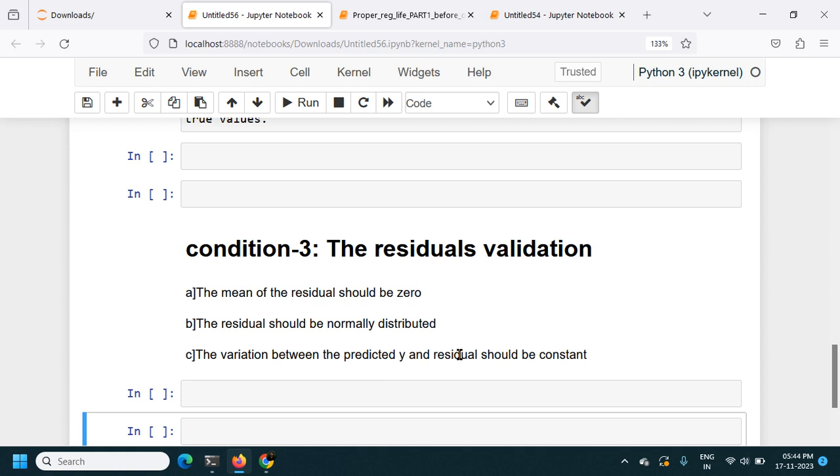This is not good for our model, because the residual is the difference between the predicted y and the actual y. There should not be any relationship between the predicted y and the residual. Only then can we call it a good model. So these are the 3 conditions of the residual.